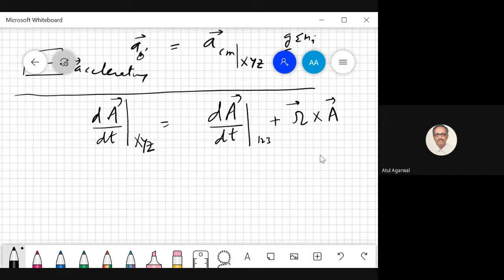Now we say that this A is equal to the linear momentum of the rigid body.